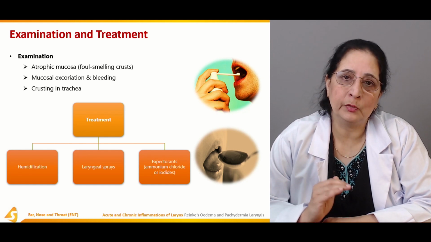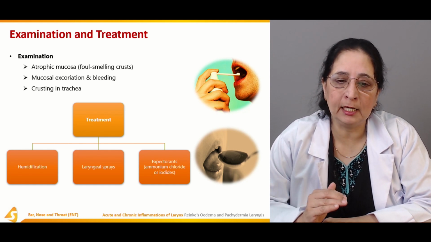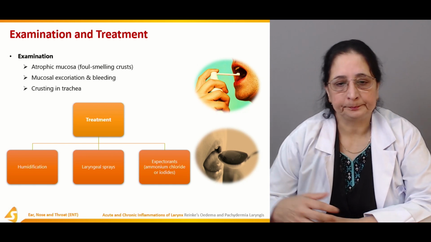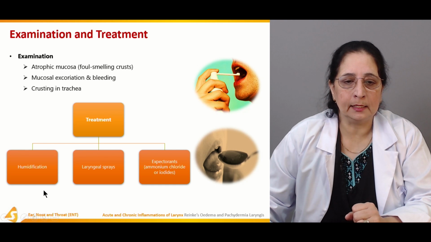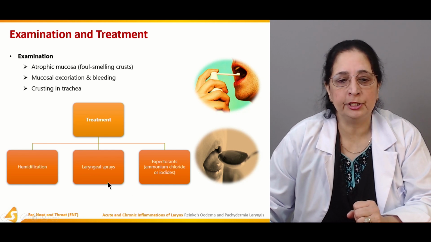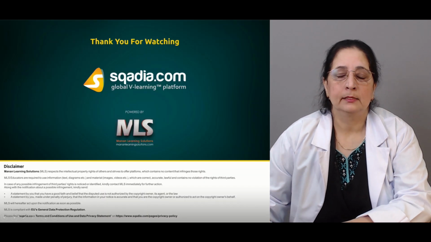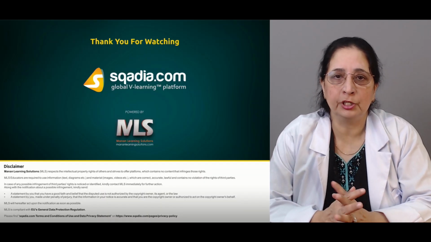And there is also crust present in the trachea that can lead to airway obstruction. And the treatment is humidification, laryngeal spray, and the expectorants. So that was all about section 4.